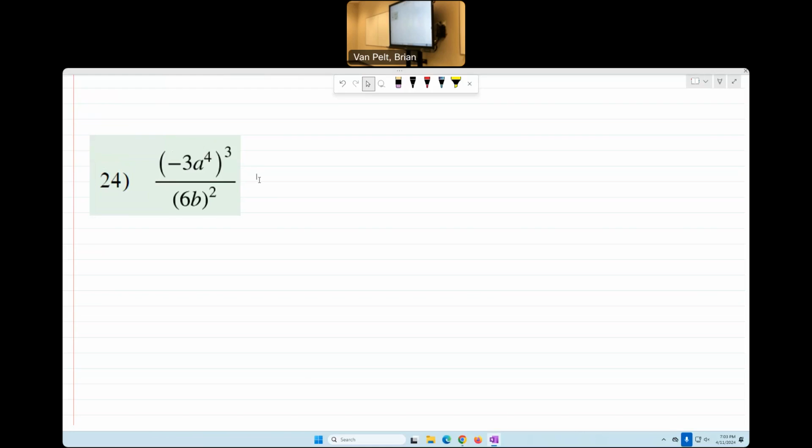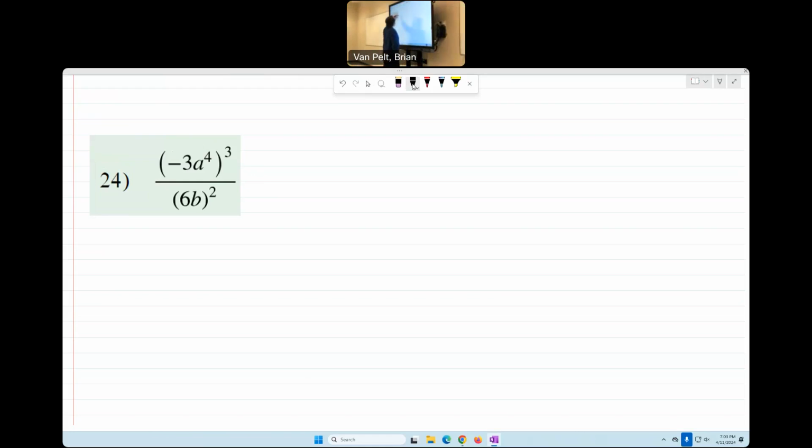The negative does not get destroyed here. Is it 9? No. 3 to the third is 27. So 3 to the third power is going to be 27, and with the negative, negative 27.